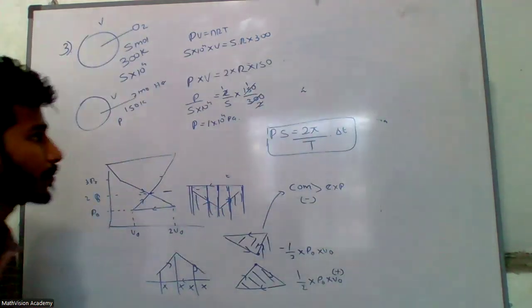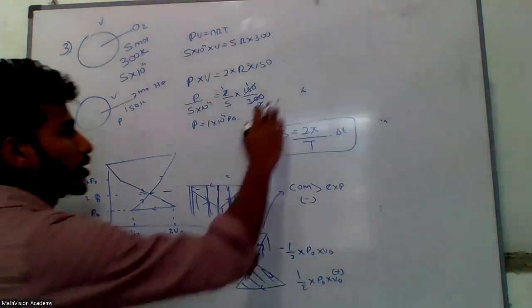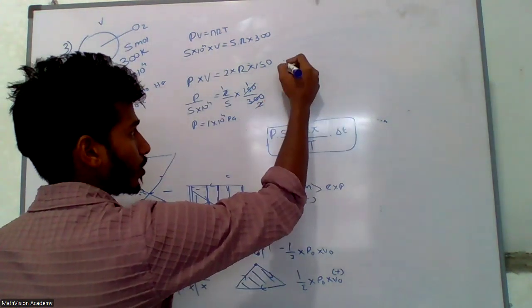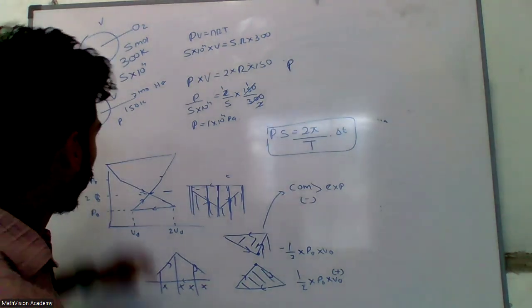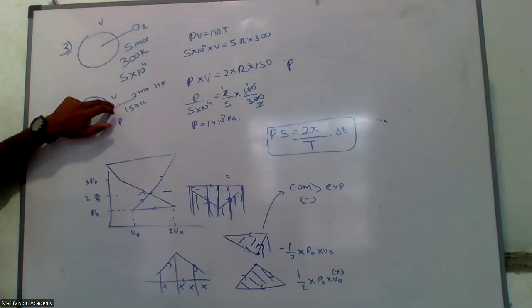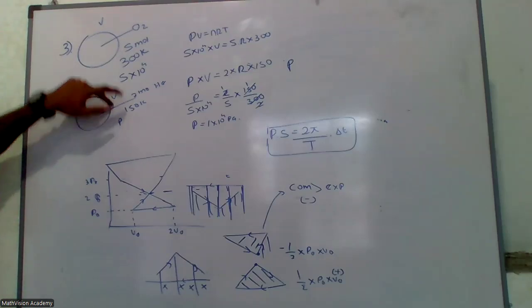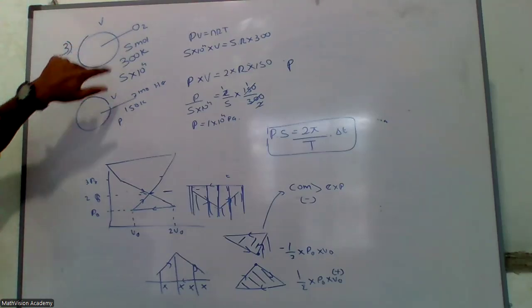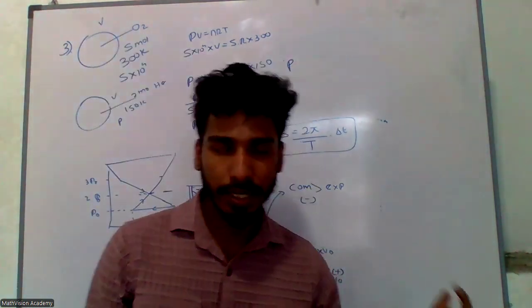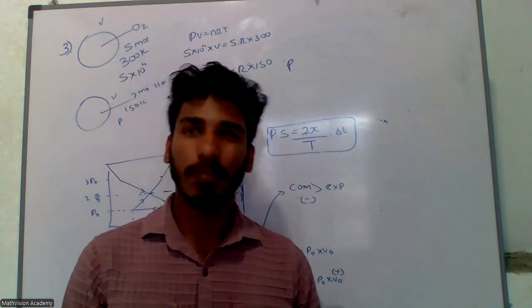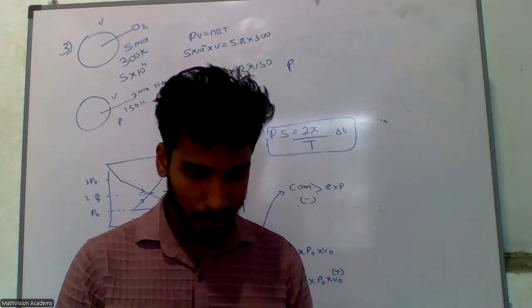Now let's say I want to find the pressure anyways. You know the volume is the same for both of them. Volume is the same and the universal gas constant is the same. This will not be very helpful here, but in some questions it will be helpful.